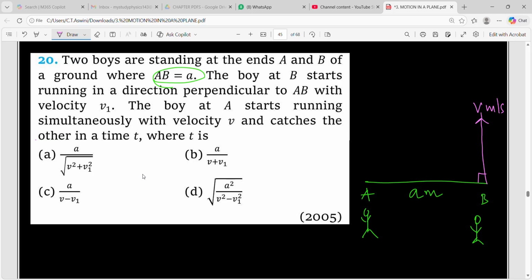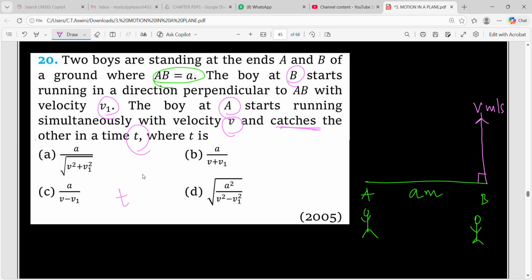So B speed is V1. Boy at A starts running simultaneously. That means at the same time A also started running with the velocity V and catches the B in a time T. That means in a time of T, A is catching B. How can he catch?